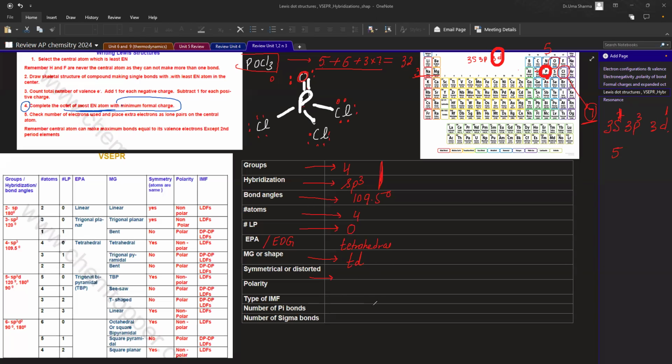The molecule is not symmetrical. Yes. Why? Because all the atoms are not identical. Is it polar or non-polar? The molecule is polar. What type of IMF is there? What type of IMF?